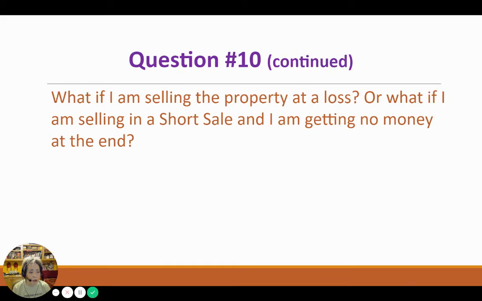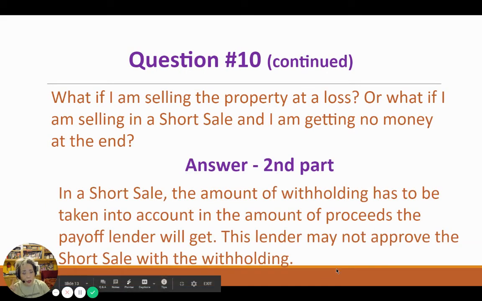And then part 2 would be in a short sale. And remember, a short sale is when the seller's loan has too much on it and the sale price does not cover this loan. So the seller ends up giving all of his net proceeds to this payoff lender. That's a short sale.